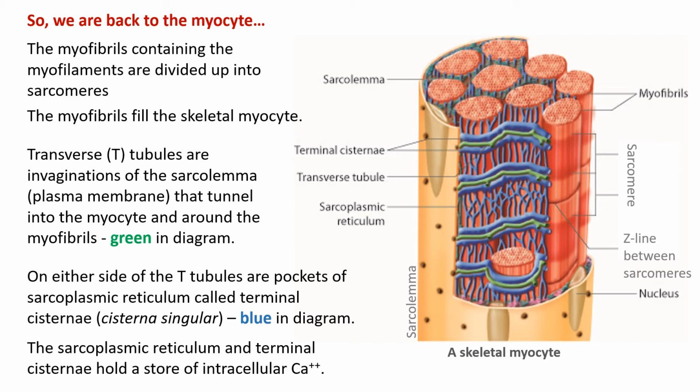Even though it's a double cation, it doesn't have any influence on the intracellular environment because it's tucked away inside either the endo or the sarcoplasmic reticulum. And bear in mind, this is a separate store of calcium to the calcium we talked about before, just entering the axon terminal. That was extracellular calcium.